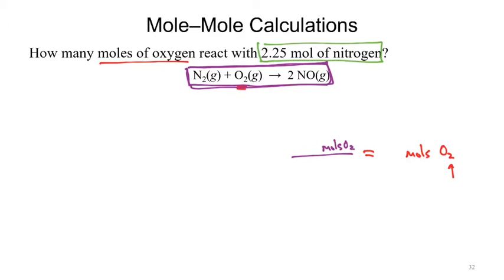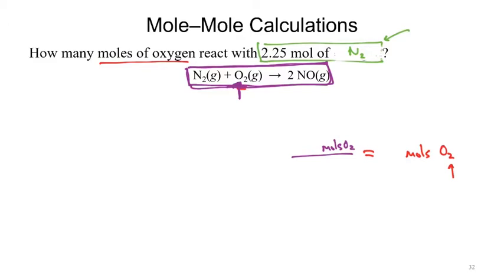Am I given the moles of O2? Well, I could go up into my green box. That green box says moles of nitrogen. Well, what is the symbol for nitrogen? That would be N2, so that's certainly not O2. The purple box does have O2 in it. Chemical equations give me moles or molecules or atoms, depending on what I'm looking for.